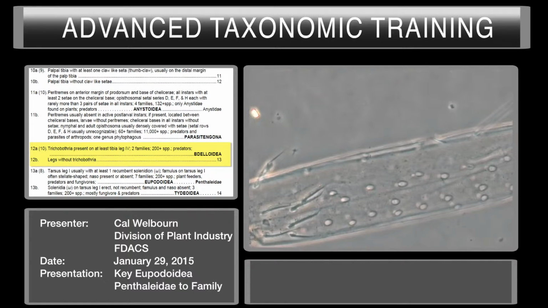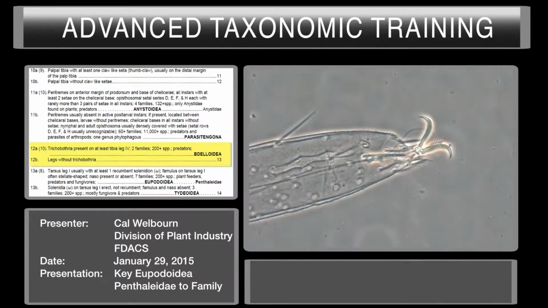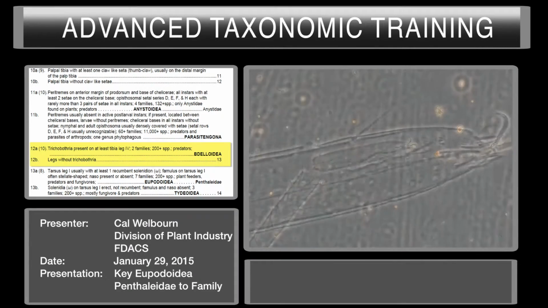Most of the setae have been broken off on this, but none of them are bothridial bases. You can see on the pretarsus here we have a pair of claws and a pad-like empodium. We have a structure here that is, although we can't see it very clearly here, solenidia in here. All right, I'm going to move to another leg.